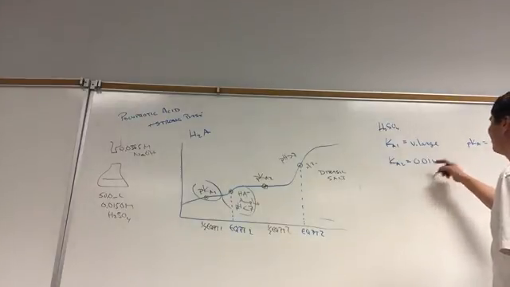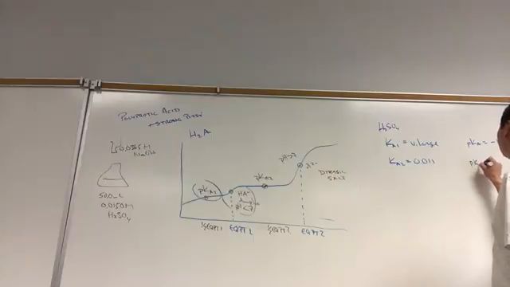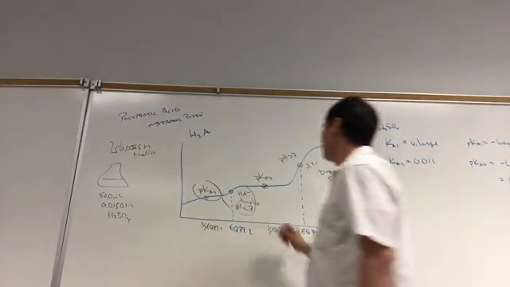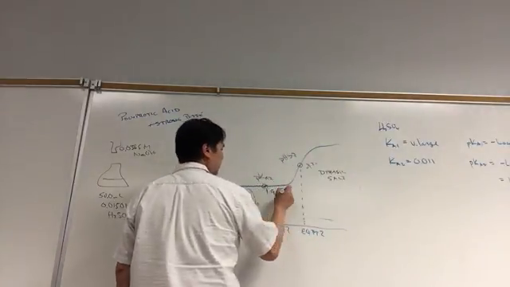And then, well, this one isn't so bad. We can figure out what pKa2 is. It'd just be the negative log of 0.011, which is going to give us 1.95. And so here we should be at 1.95.